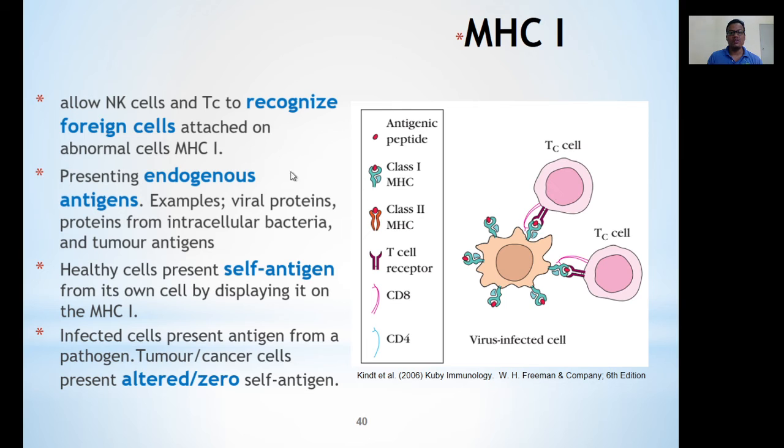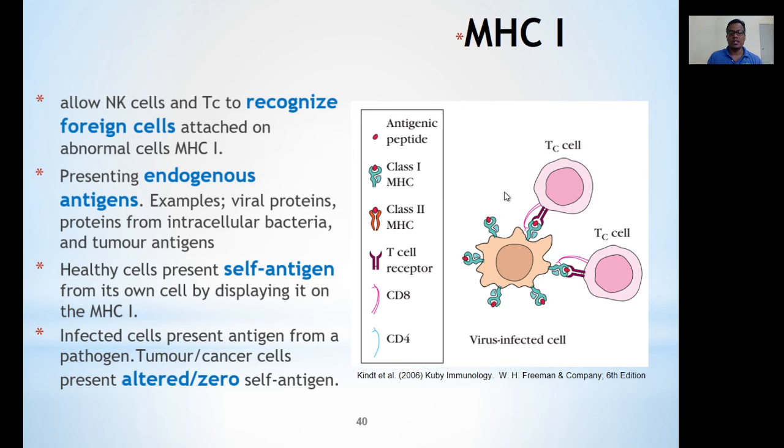So this is how the NK cells and T cytotoxic cells become alert and recognize there is something wrong with the cells. Either it will display the antigen from the pathogen, from the virus, bacteria, etc., or it will display abnormal antigen, or they will not even display anything.